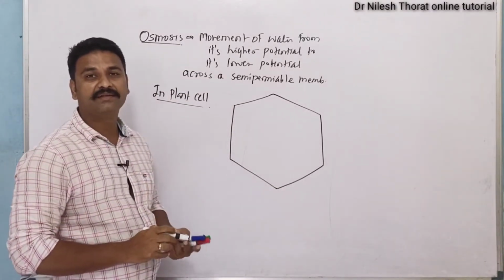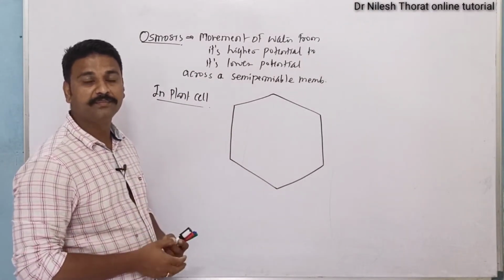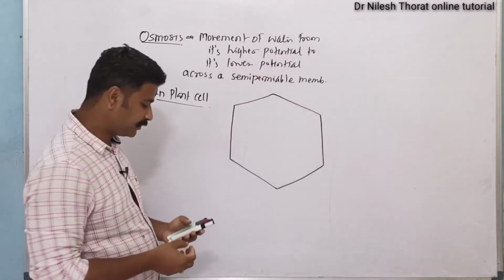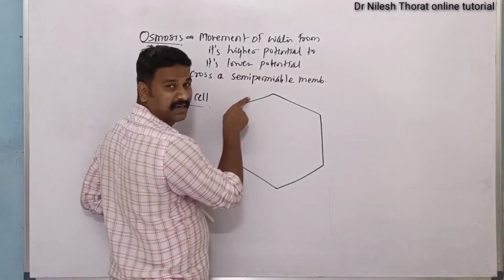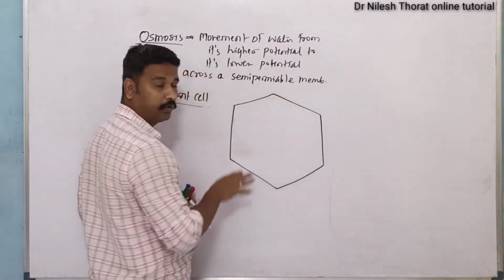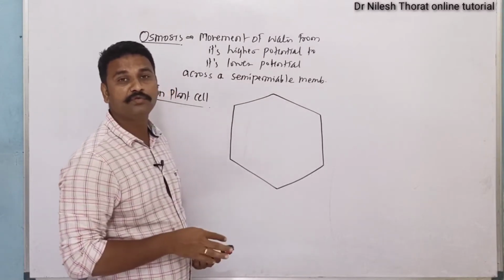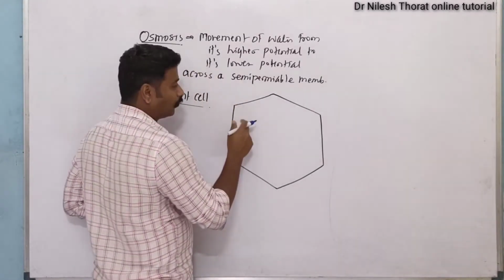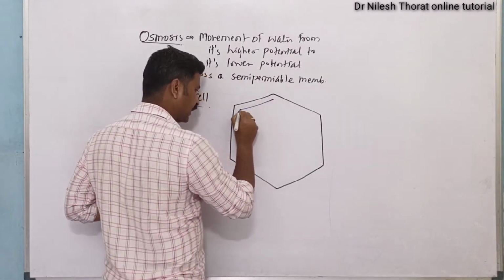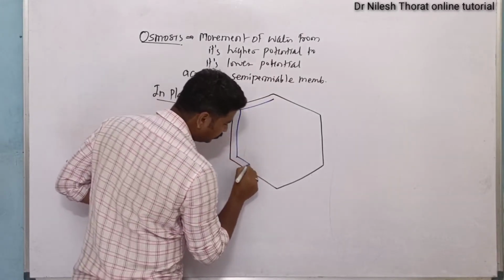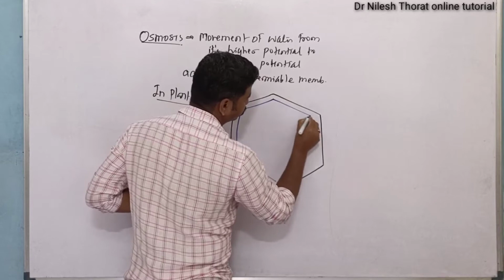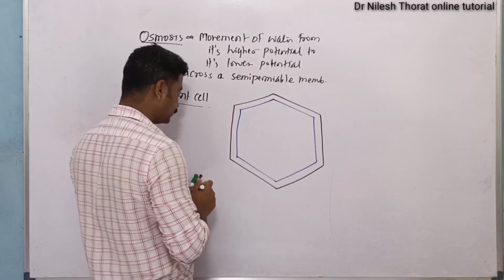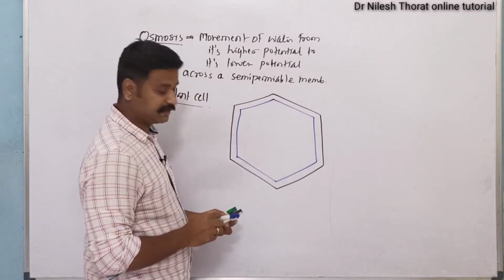As the cell wall is having channels of protein which make the cell wall freely permeable, this cell wall of plant cell is freely permeable to all water molecules and the molecules which are dissolved in water. But inside the cell wall there is cell membrane, and cell membrane is a selectively permeable structure. So this is a cell membrane and cell membrane is selectively permeable.